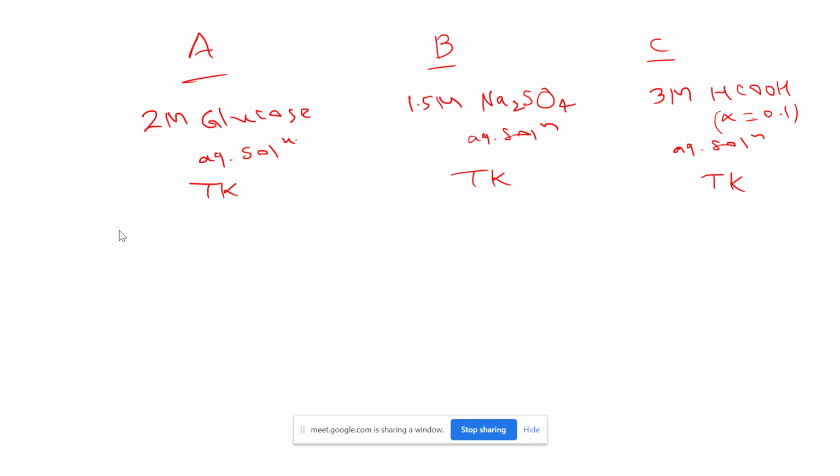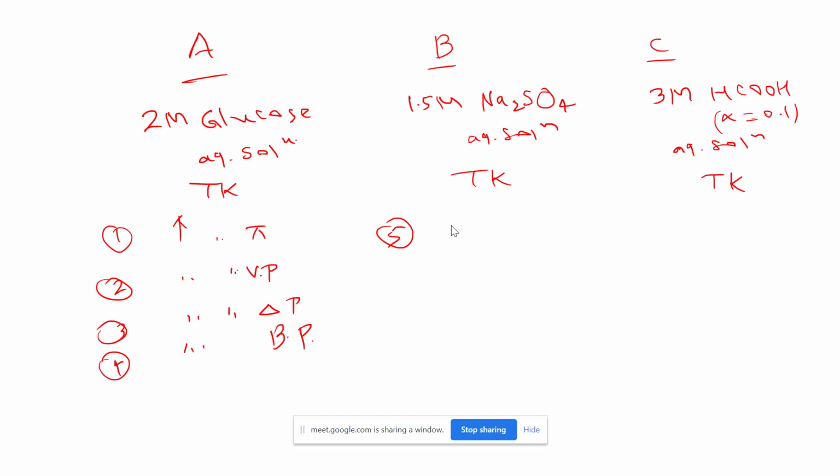Then the questions are similar. Increasing order of pi, increasing order of vapor pressure, increasing order of change in vapor pressure, increasing order of boiling point, increasing order of delta TB, increasing order of delta TF, increasing order of RLVP, delta P upon P naught.